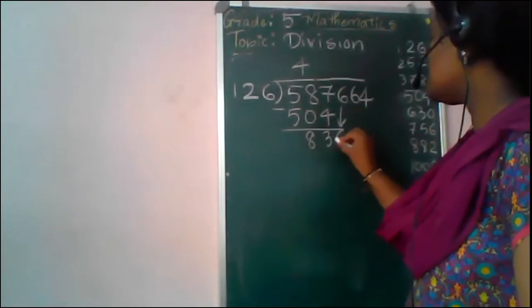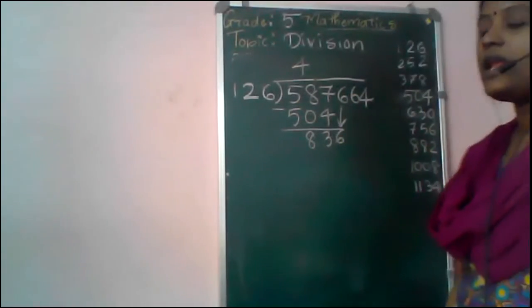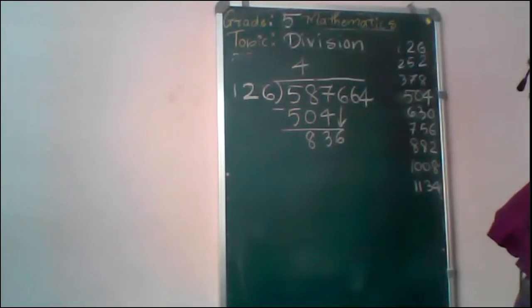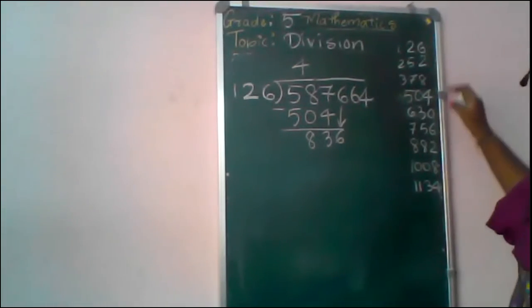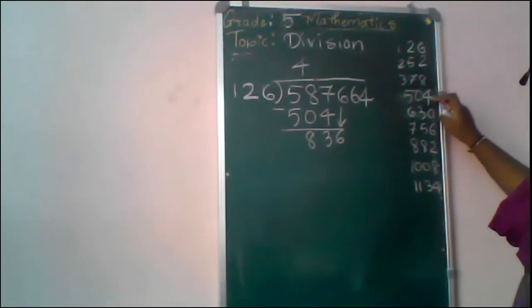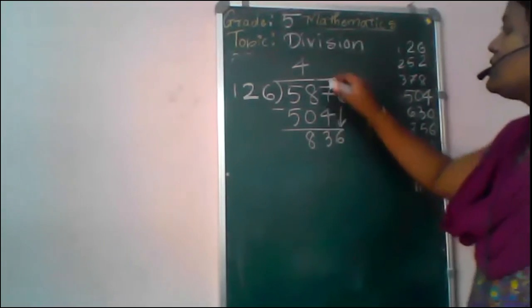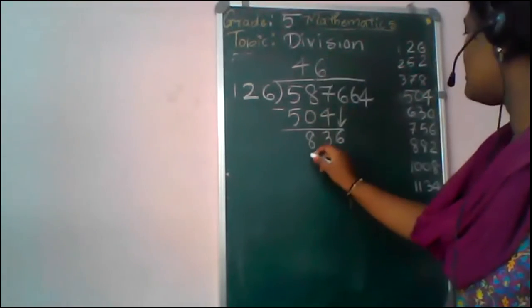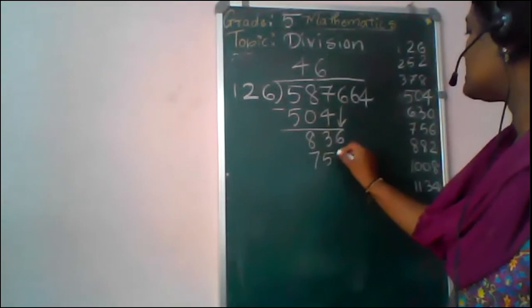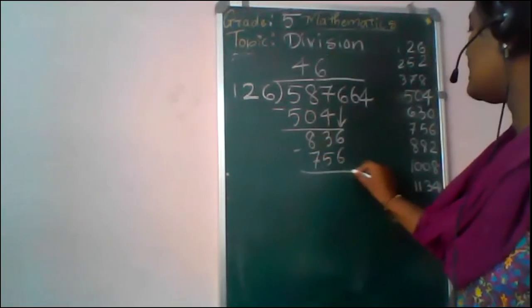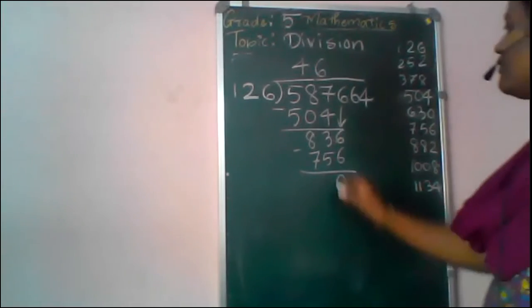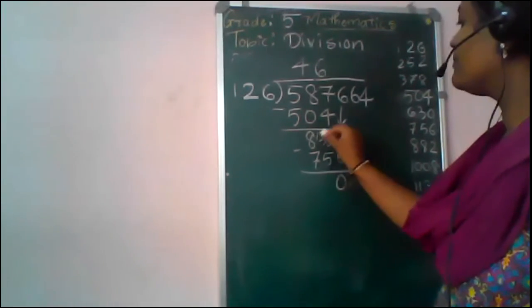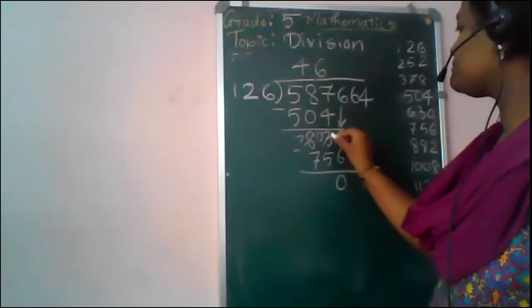Bring down the next digit 6. 836, the nearest we have is 756. So we have 1, 2, 3, 4, 5, 6. So 126 sixes are 756. We subtract, we have remainder 0, and further we have here 13 and 7.